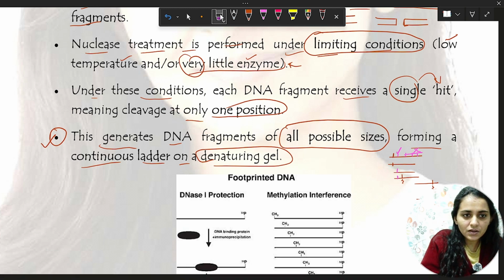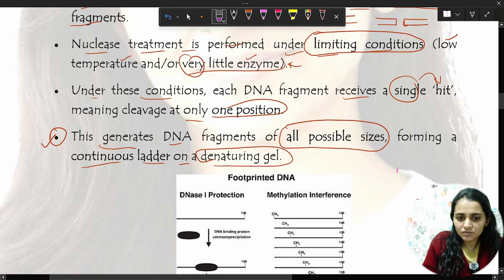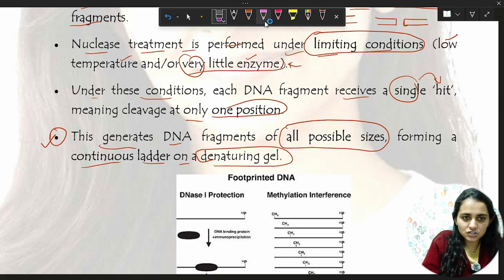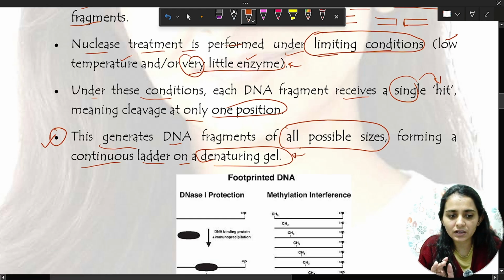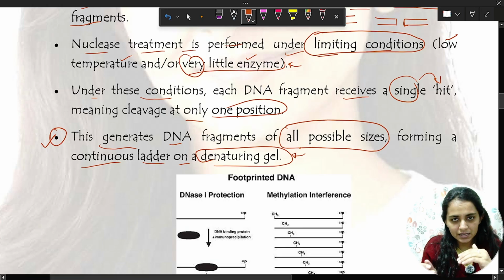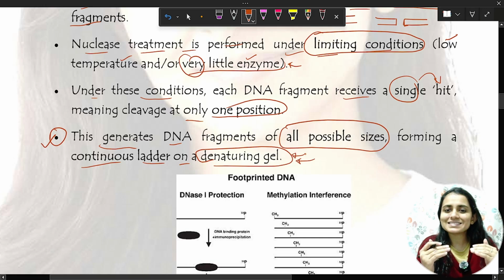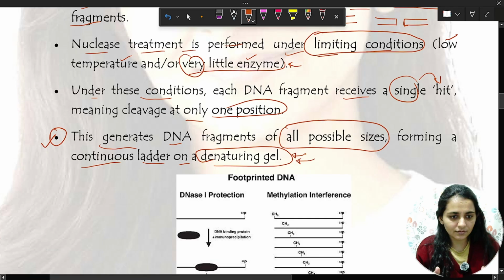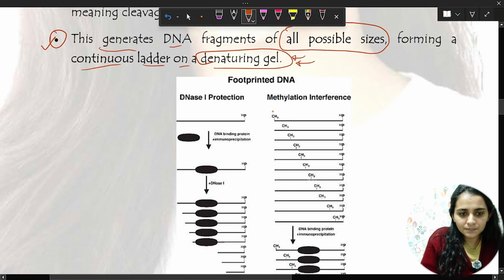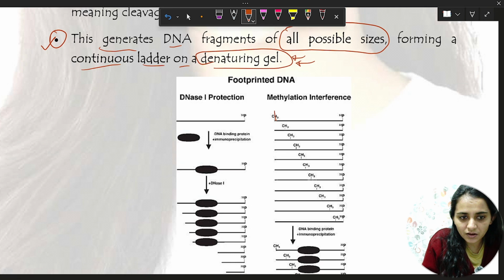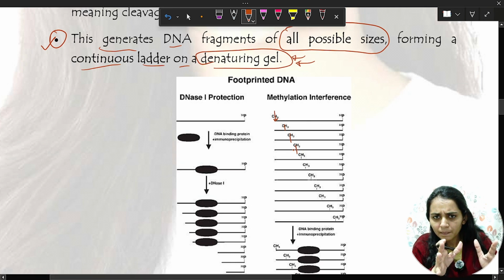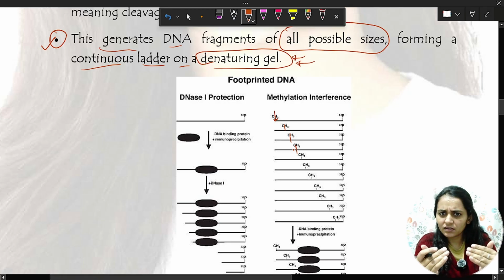Then we do denaturation on the gel, so we get a single strand of each fragment, and that will be arranged according to size, because the gel separates the DNA strands according to their sizes. So suppose someone is cut from here, this is not a specific sequence of cutting.